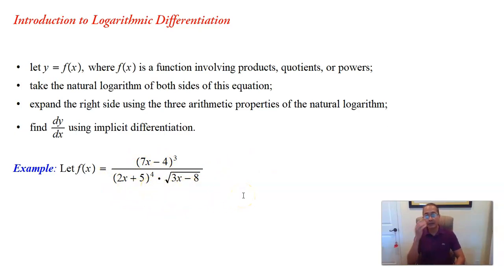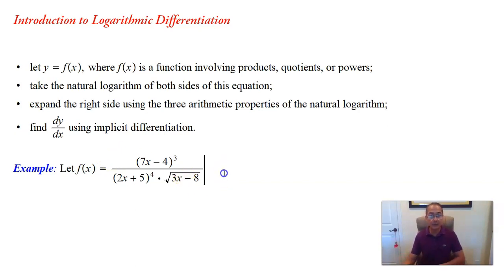So how are we going to do this? We will take the natural logarithm of both sides of the equation y equals f of x. We will expand the right side using the 3 arithmetic properties of the natural logarithm. And then we will take the derivative of both sides of that equation using implicit differentiation.